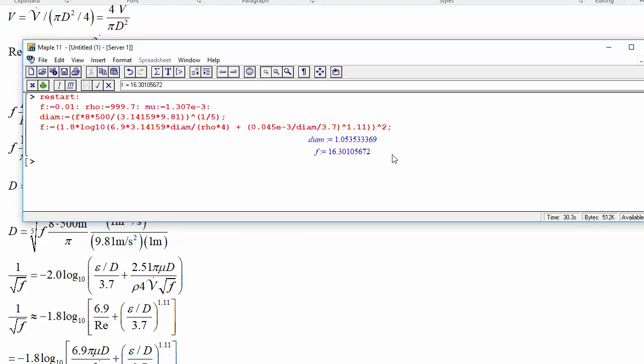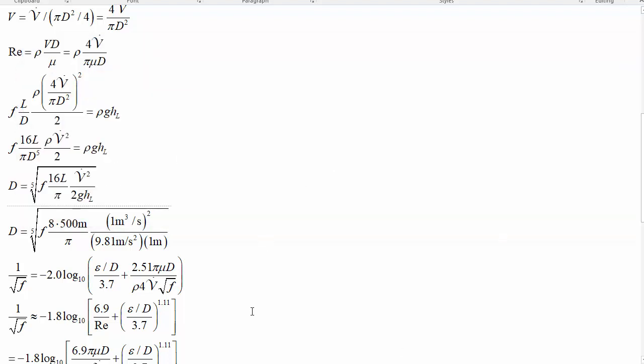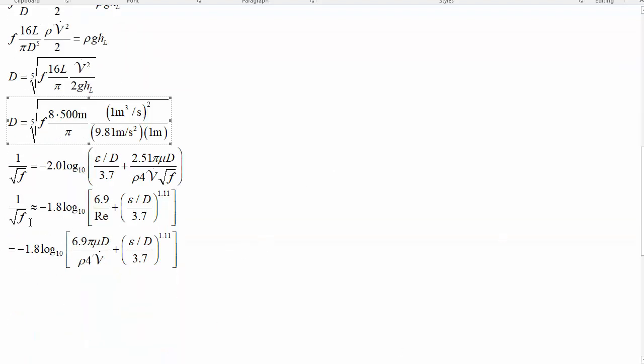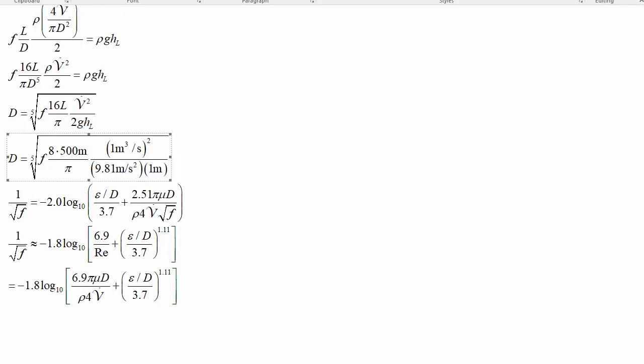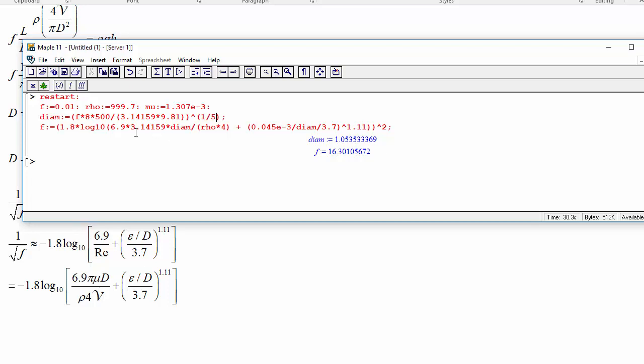We still have a friction factor that's quite large. So double checking this equation, should have 6.9. Oh, we didn't put in the mu, did we? Yeah.